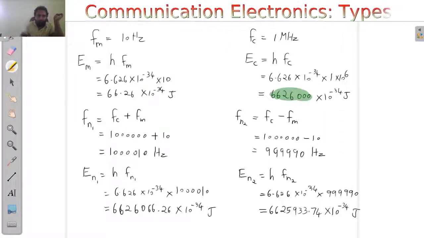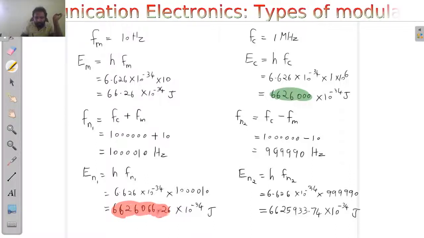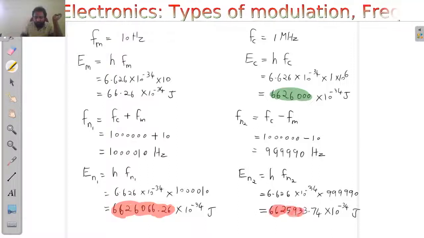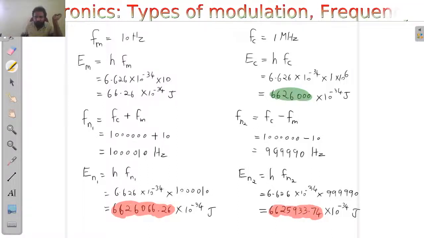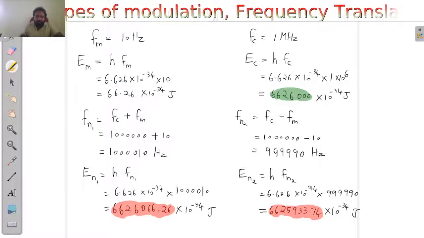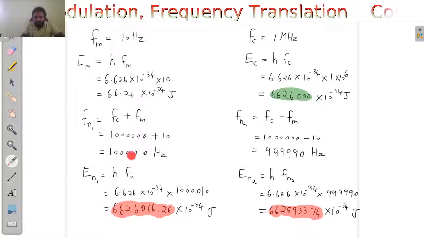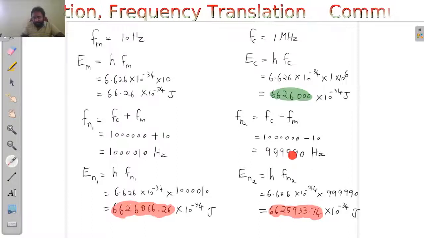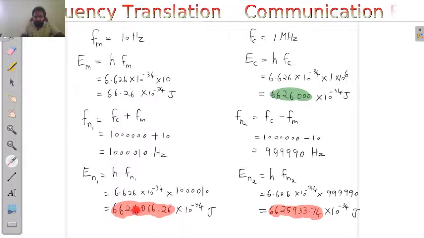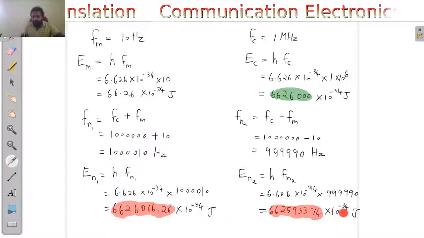And when you're transmitting, your message happens to be frequency translated and the energy happens to be residing inside our upper and lower sidebands, and those frequencies are indicated here. So these are the frequencies through which your message is transmitted, and the energy of those frequencies is given by these two numbers times 10 to the minus 34. That is always true.